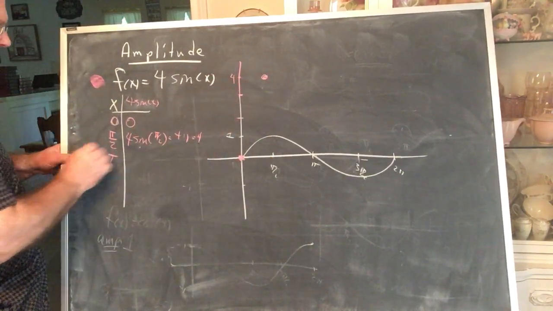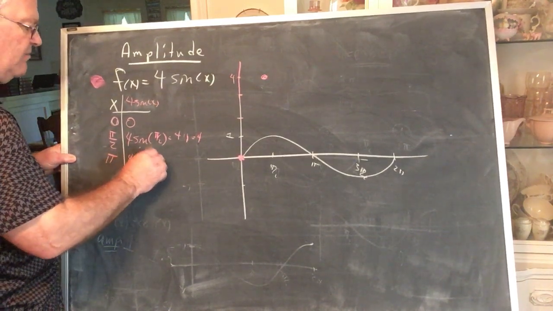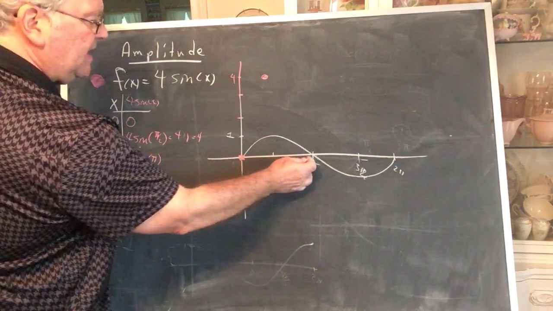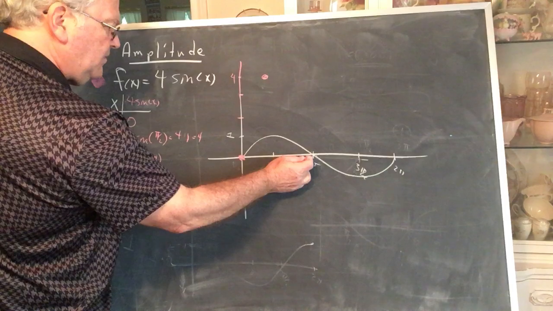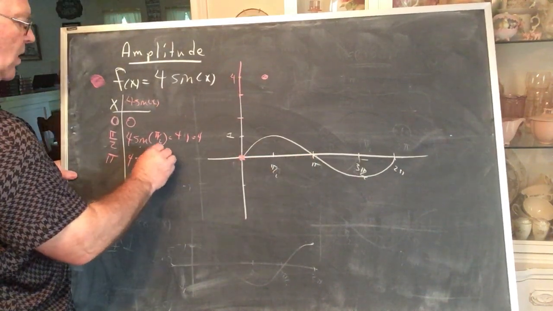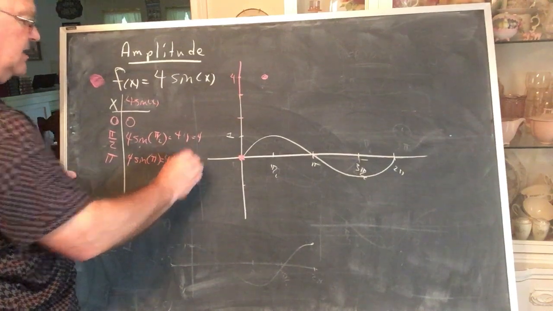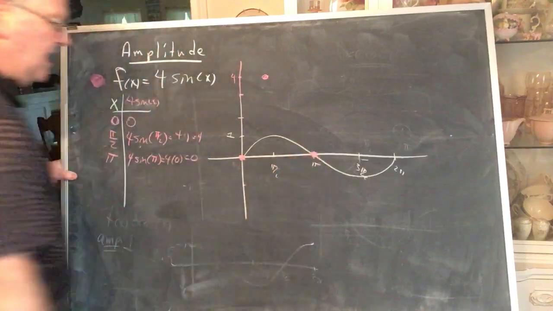but look what happens at pi again. At pi, this is 4 times sine of pi. Well, the ordinary function says sine of pi is 0. The y-coordinate function value is 0. So this is 4 times 0. That's back to 0. And so it must pass through this point again.